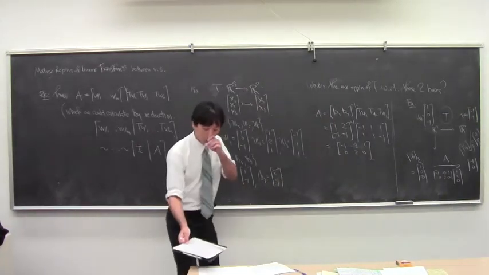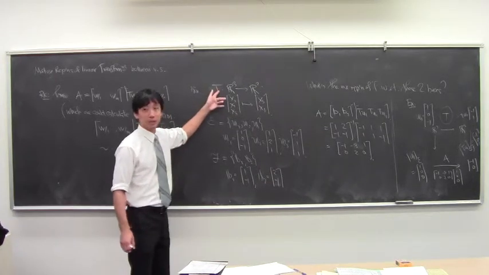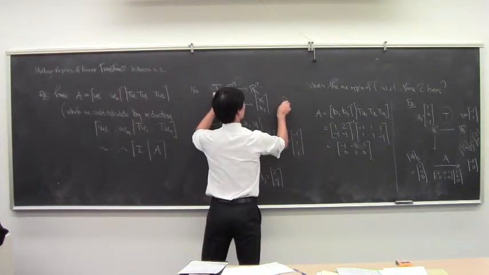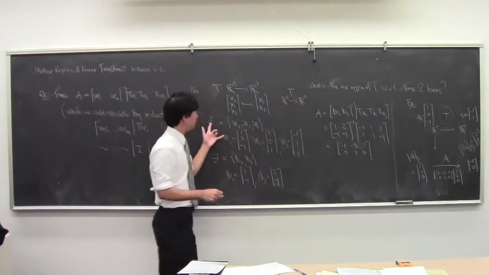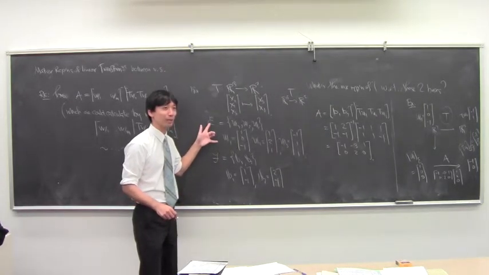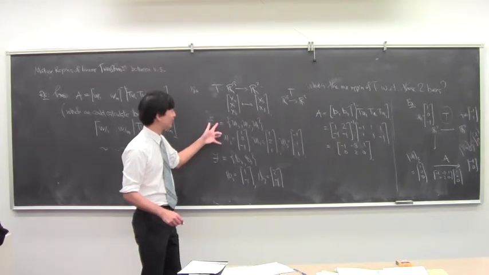So just remember what we're doing, right? Somebody has given us a linear transformation from R3 to R2. We have these two bases. I'll talk to you, Henry, since you openly admitted that you're confused. Great. Okay.